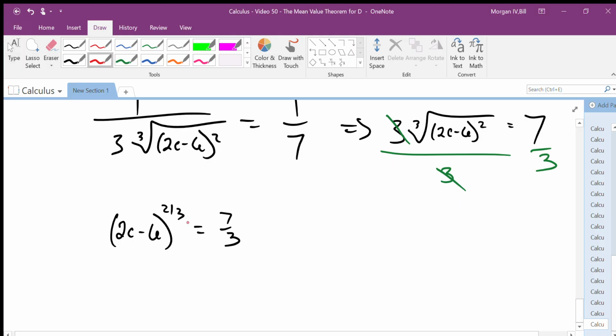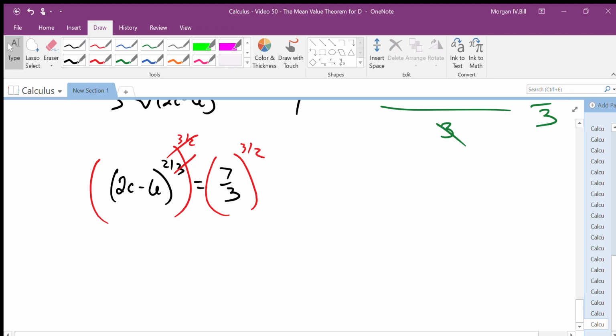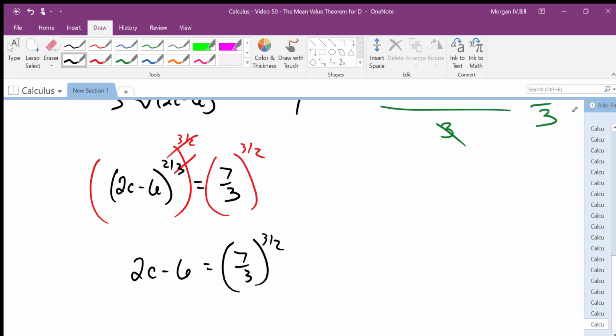Let's take both sides to the power of what? To cancel out the 2/3, I want 3/2. That becomes 1 as an exponent on the left-hand side. So now we have 2c minus 6 is 7/3 to the 3/2 power. I think it's probably time to get a decimal here. 7/3 to the power of 1.5 is about 3.56.